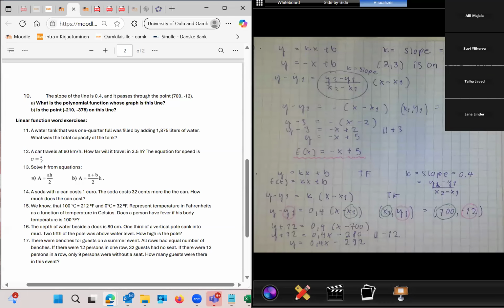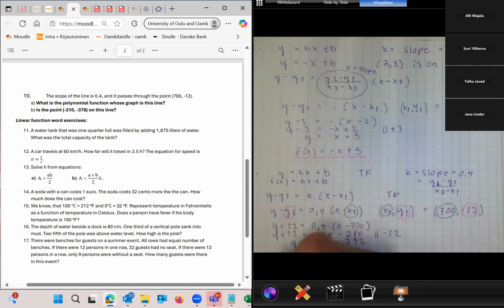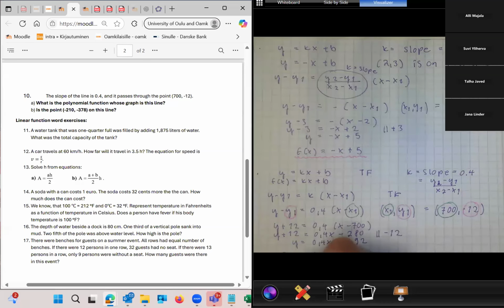Okay. And then I want to have the polynomial function, so I just write it with this kind of expression. And that's it. And then I wanted to check if some point is on this line. So there's my function.